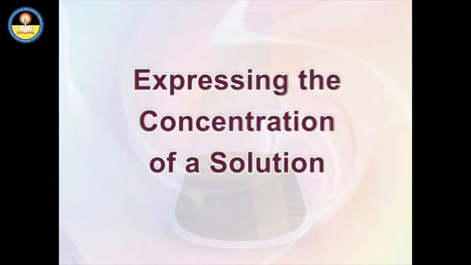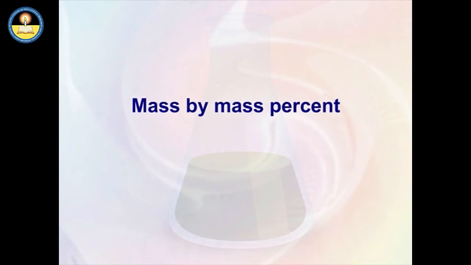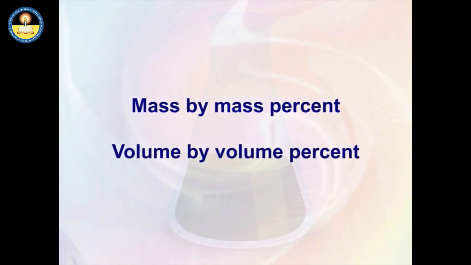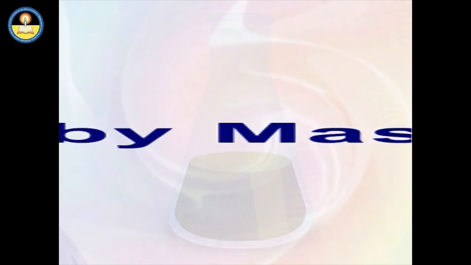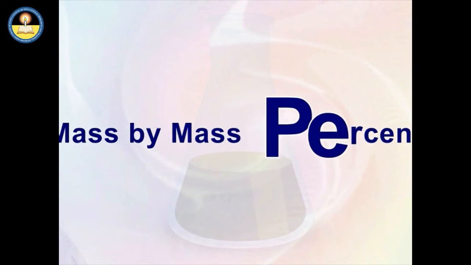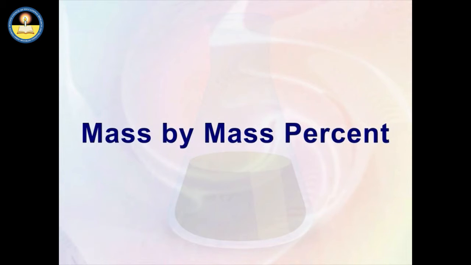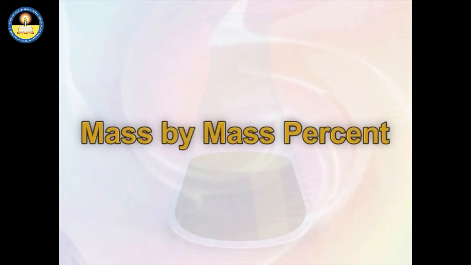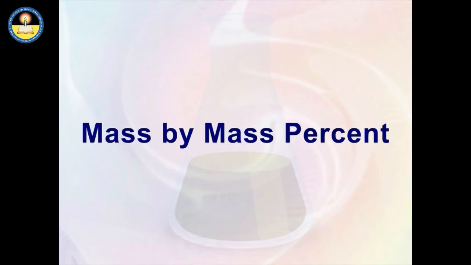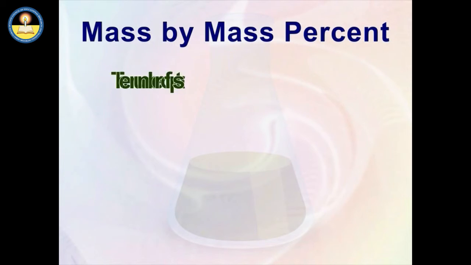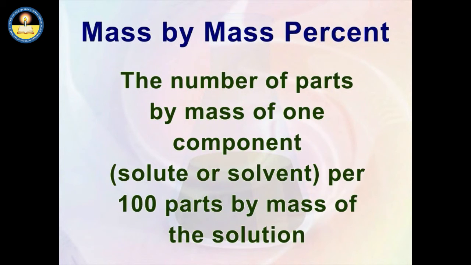It is normally expressed as mass by mass percent or as volume by volume percent. Let us first learn about expressing concentration in terms of mass by mass percent. Mass by mass percent of a solution may be defined as the number of parts by mass of one component per 100 parts by mass of the solution.